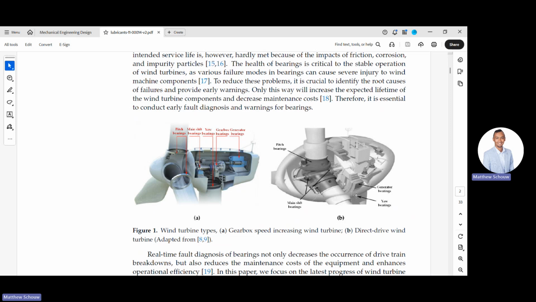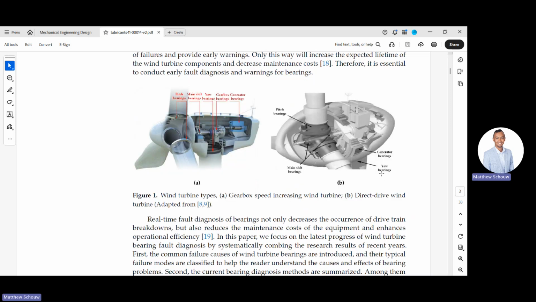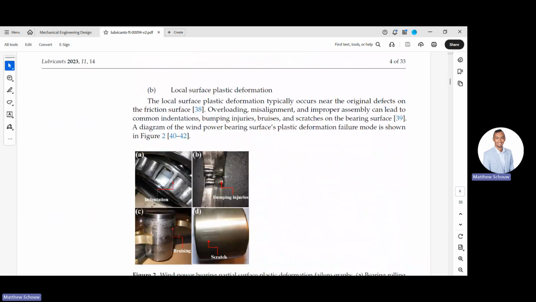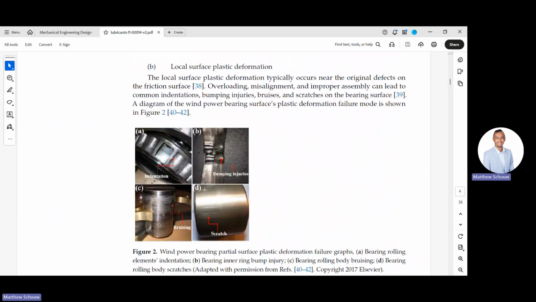And this is your direct drive over here. There's no gearbox, and there are pitch bearings and main shaft bearing. You've got your yaw bearings as well, and you generate the bearing over there.